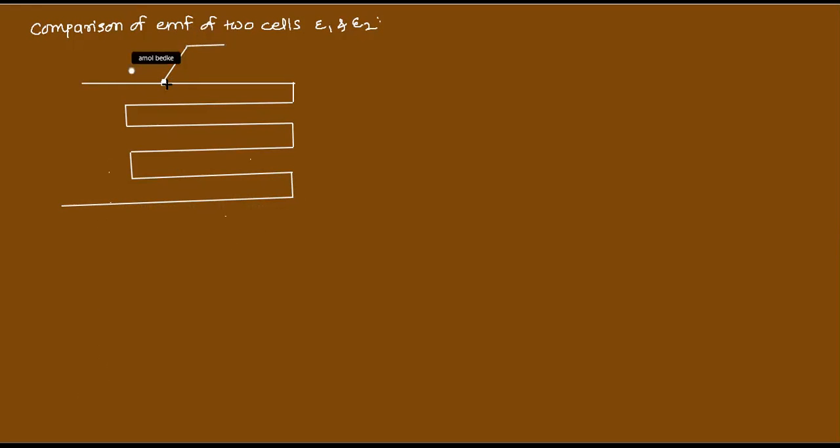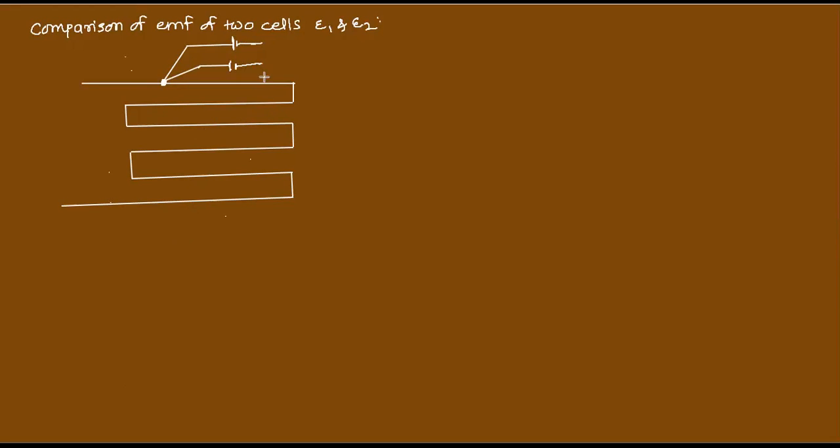So here is one, and this is another cell which we are connecting now. Here is cell E1 and here is cell E2. Like these, two cells we have connected.